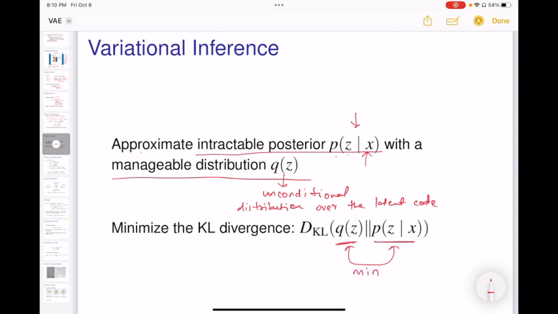The lower the divergence, the more accurate our approximation, because KL divergence, as you recall, is the measure of how similar two distributions are. If these two distributions are very similar, the value of the KL divergence will be lower. So we want a lower KL divergence so that these distributions are close together and our approximation is working, right?